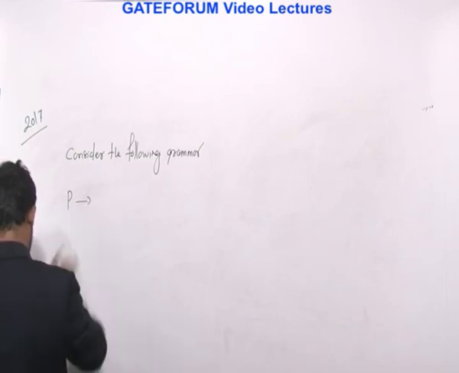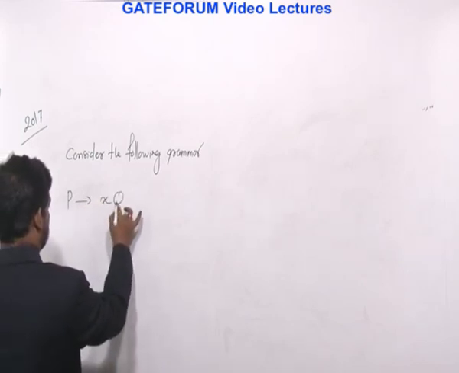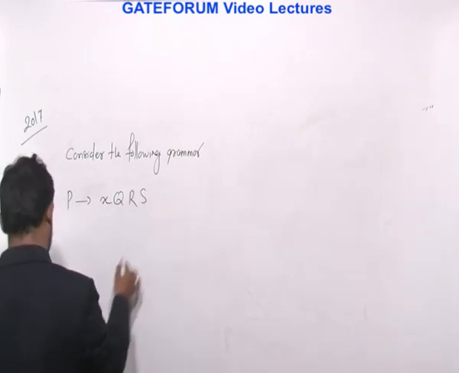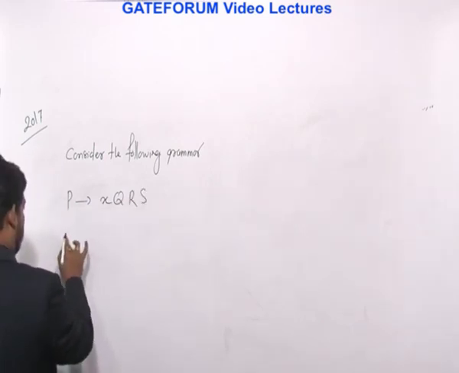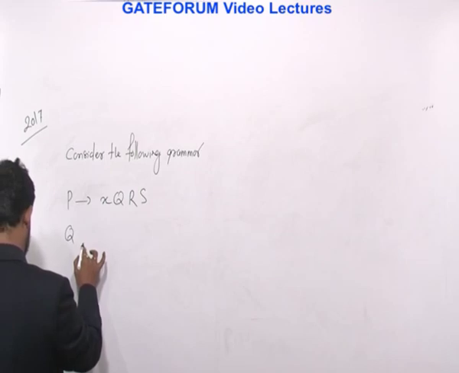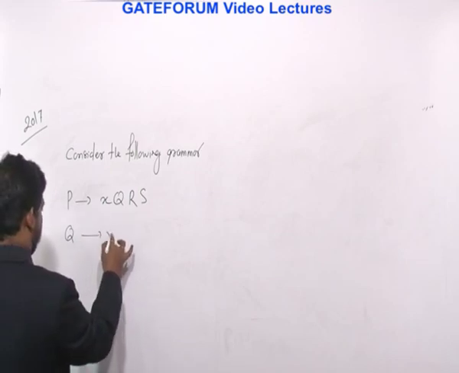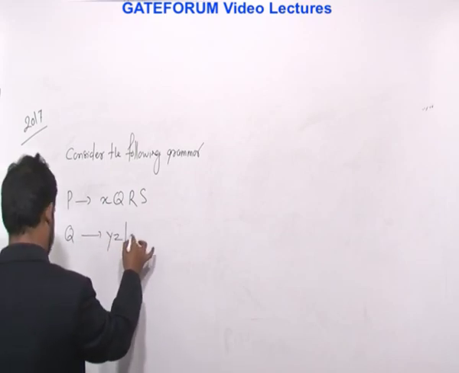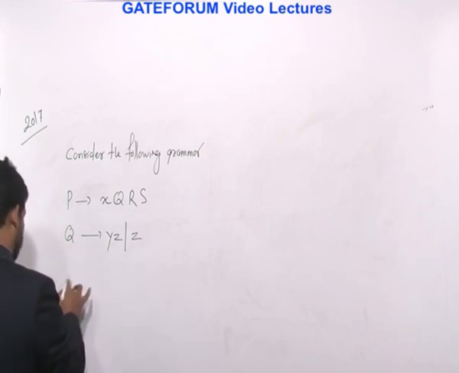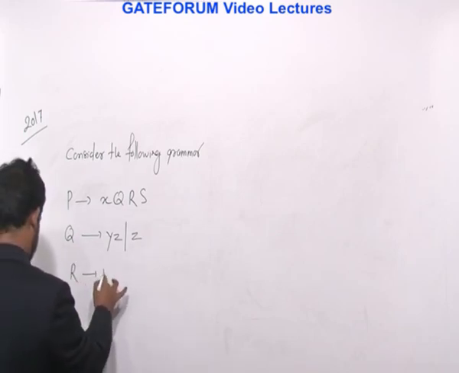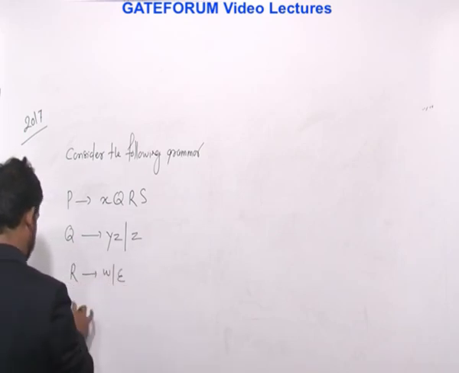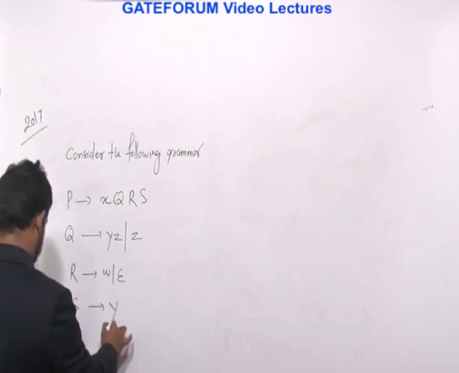P derives XQRS, Q derives YZ or Z, R derives W or epsilon, S derives Y.